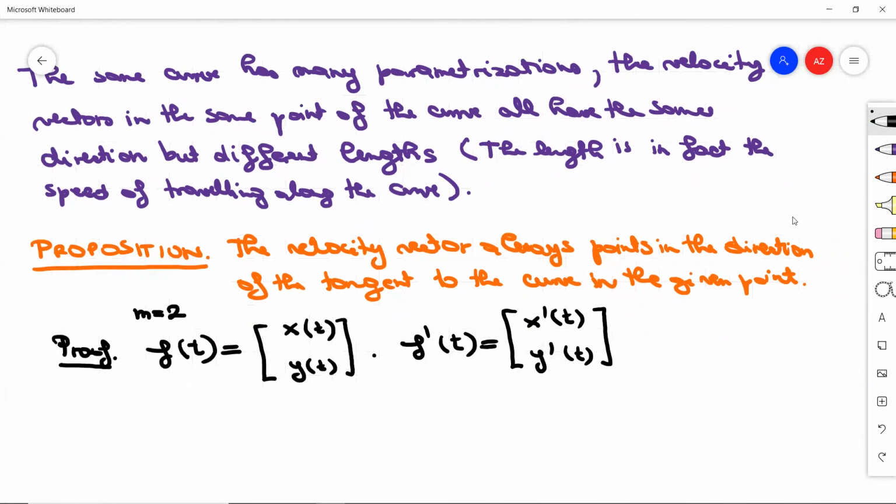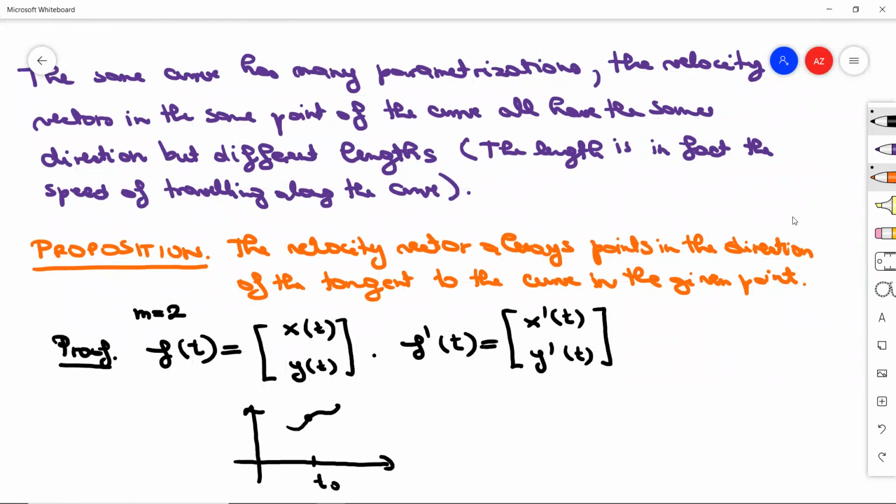And this is nothing else than the tangent to the curve. So if you have our curve around this t, let's say t naught, we have this curve. And what is the tangent?